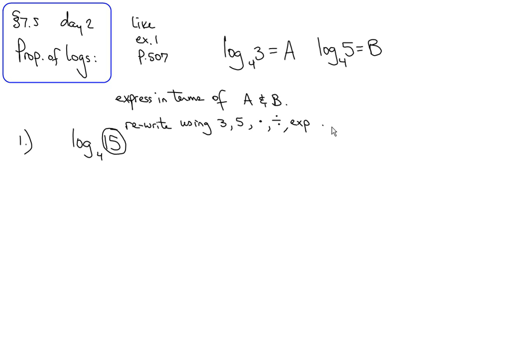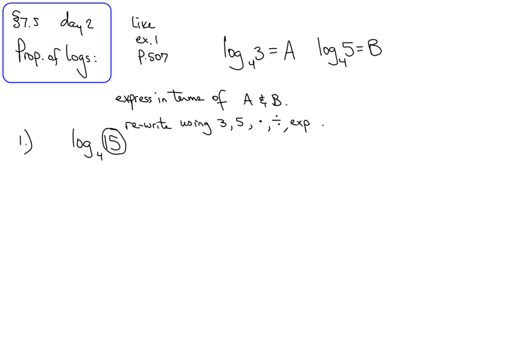Why are we only allowed to use multiplication, division, and exponents? Why those three things? Because those are the only properties we have, right? We have a product property, we have a quotient property, we have a power property. That's it. We don't have an addition property, we don't have a subtraction property. So that's why we can only use those three things.